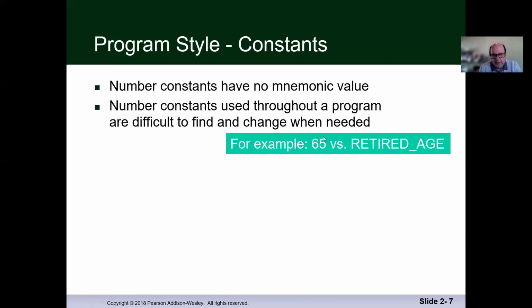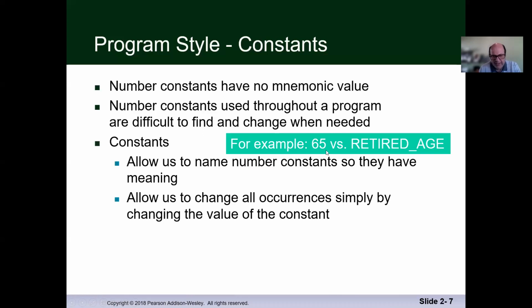So we're talking about having a number versus having a name for it. Another advantage is, let's say I have a constant called retired age, and I use retired age as a word all over my program. And they come back and say, we want to change retired age from 65 to 67.